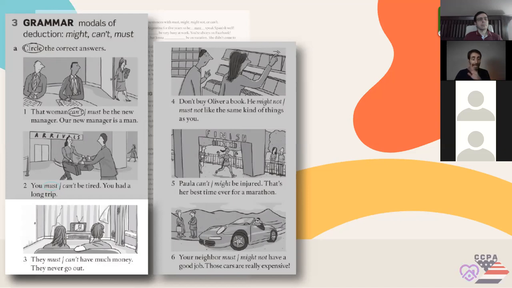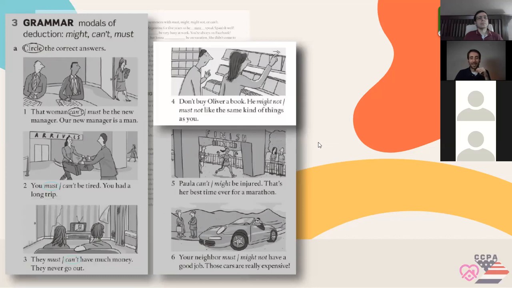But the sentence continues. They never go out, right? So that is where we get our conclusion that they can't have much money because they never go out. Maybe they are teachers, right? Okay, thank you, thank you.